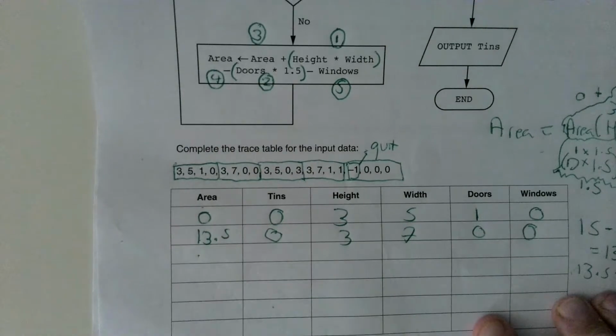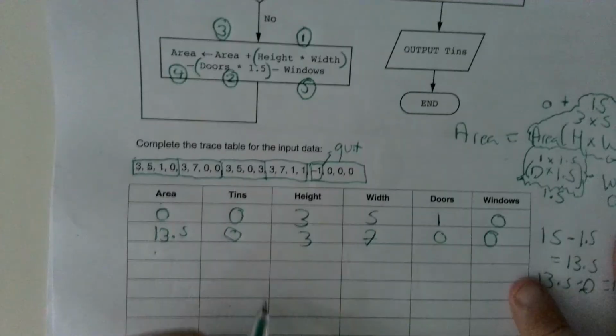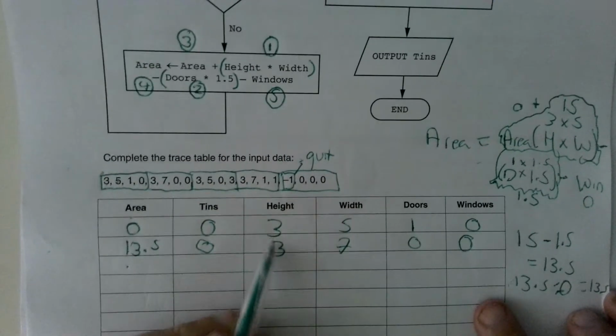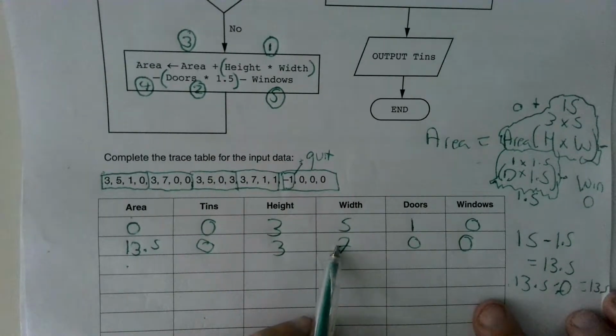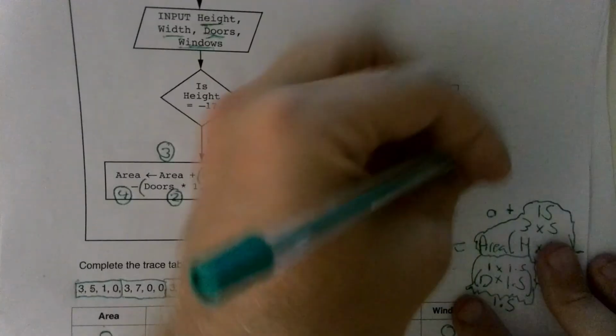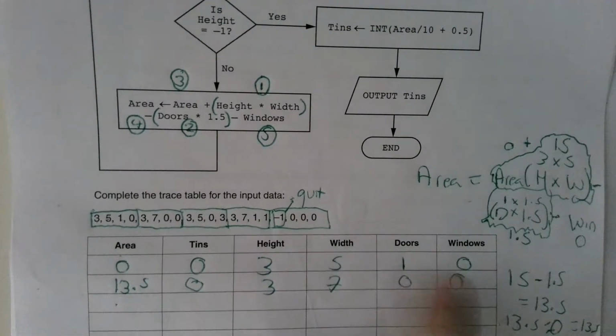It's going to be height times width, which is going to equal 21. Okay, we're then going to add it to area, which is going to be 21 plus 13.5 equals 34.5. Now, as these are zeros, it's not got any more impact on our calculation, so the answer is going to be 34.5. This is a 0.